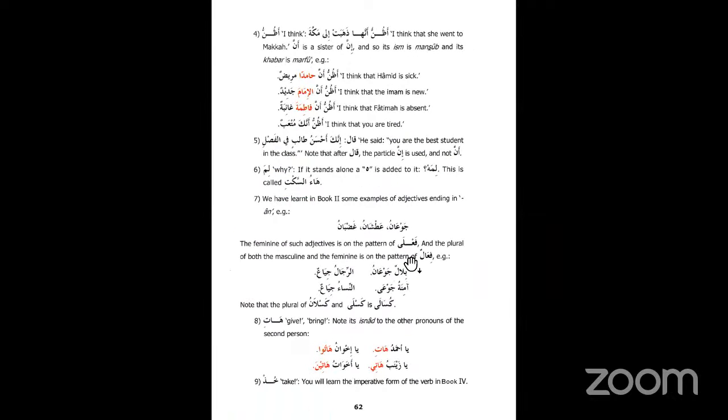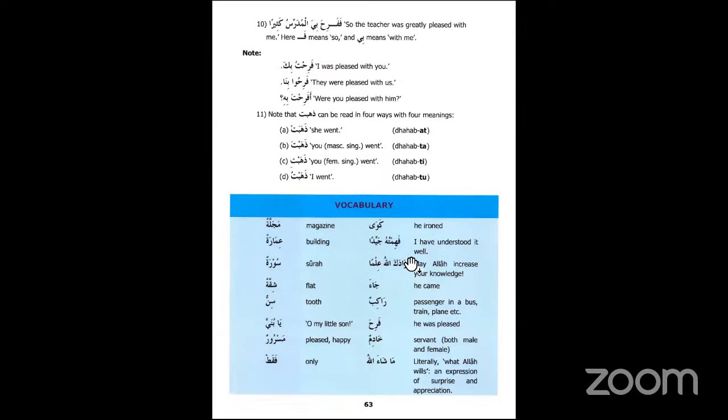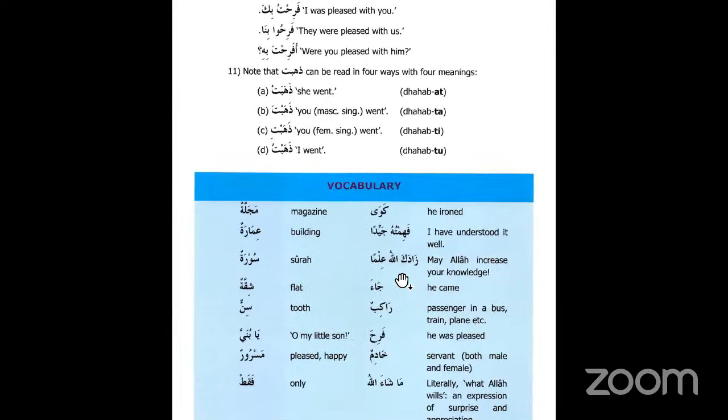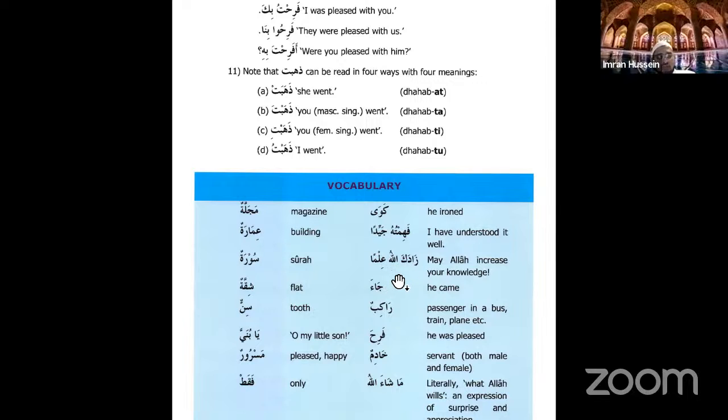Can I ask a question on this, please? Zadakallahu ilman, may Allah increase your knowledge. And when we say Rabbi Zidni ilman, what does that mean? Ilman means just ilm, knowledge only. So Zadakallahu ilman is a dua in the past tense.